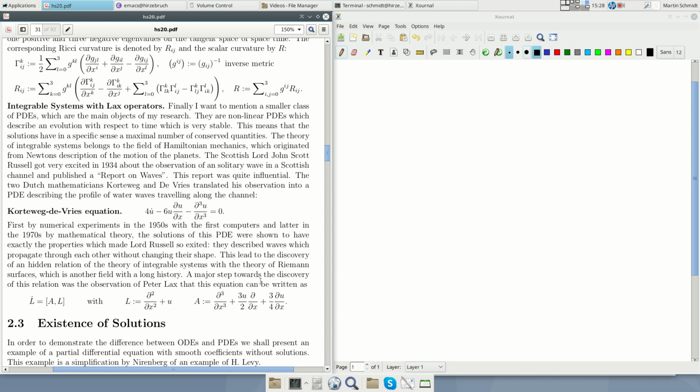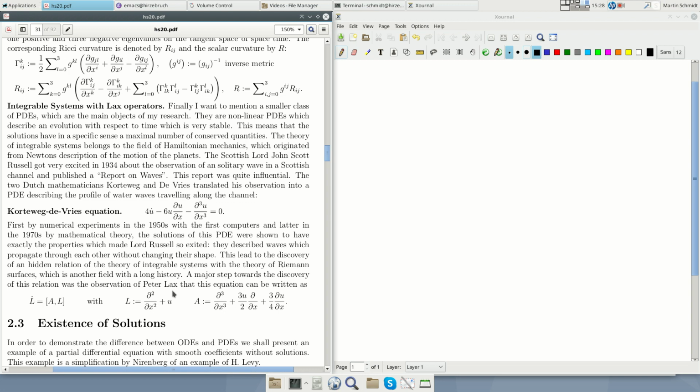And the observation was that this equation here can be written in this form here. Now this operator, it's a one-dimensional Schrödinger operator, depends on time by a commutator. Okay, and I will not go into more detail.